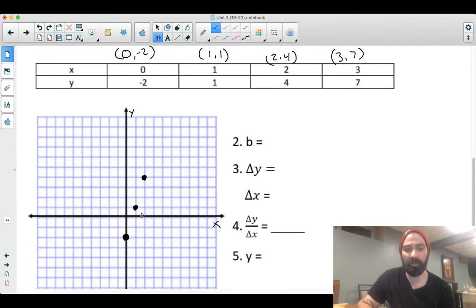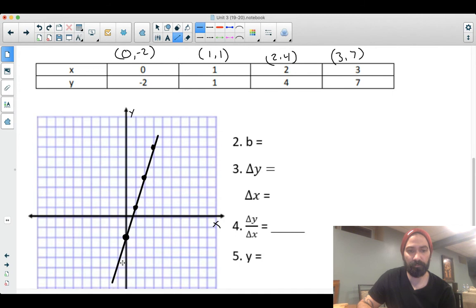And then finally, over 1, 2, 3, up 4, 5, 6, 7. And then I'm going to draw a line through all of those points as straight as possible. Now remember, lines go on forever, so we should always add some arrows at the end.